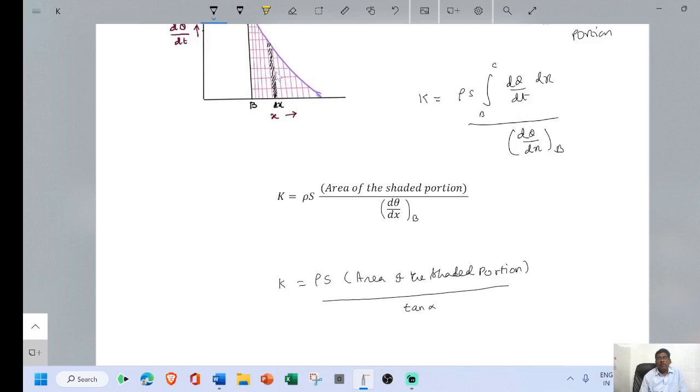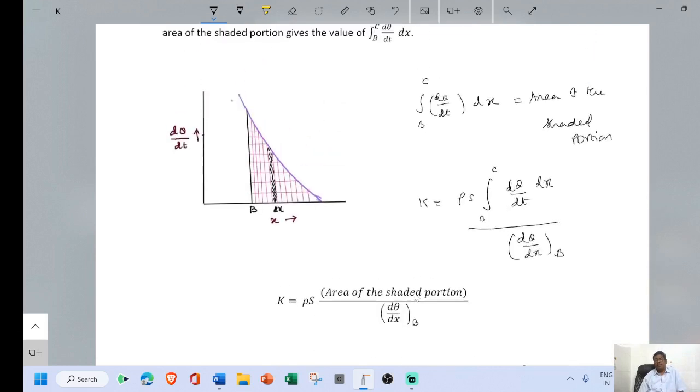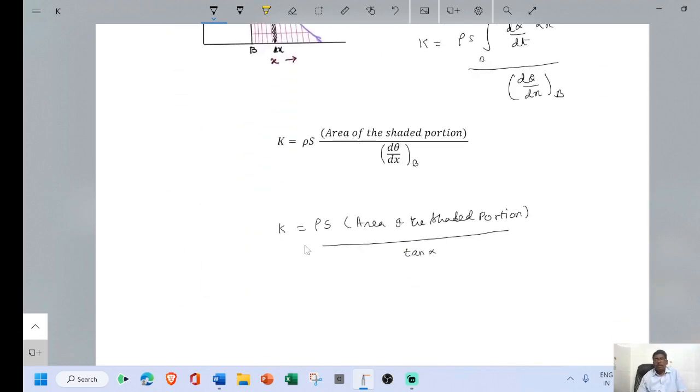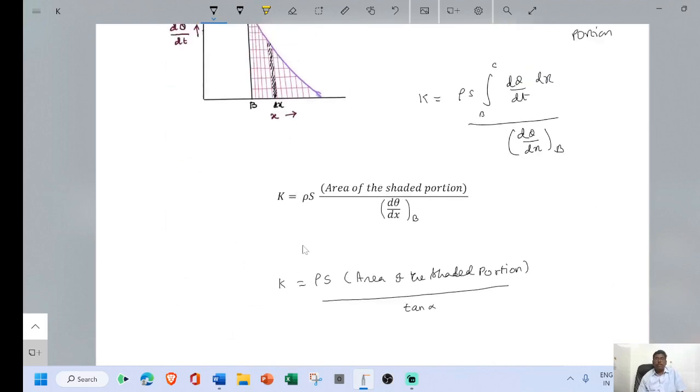This area is measured using a graph sheet, and rho, the density of the metal, is a constant. Yes, the specific heat of the metal is also a constant. Then write down the area value divided by the value of d theta by dx, which is tan alpha, that we obtained from the first graph. If we substitute all these values, we can get the thermal conductivity of the given metal.